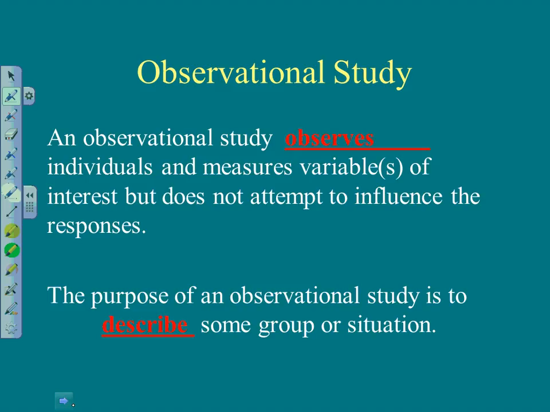Observational studies are people in trees looking at things. Okay? They are removed from the situation. They are not influencing the situation whatsoever. Zero influence. Think people in trees. Looking with binoculars.